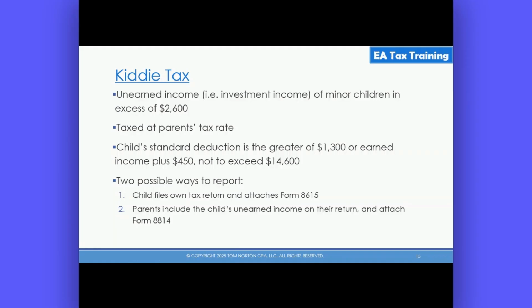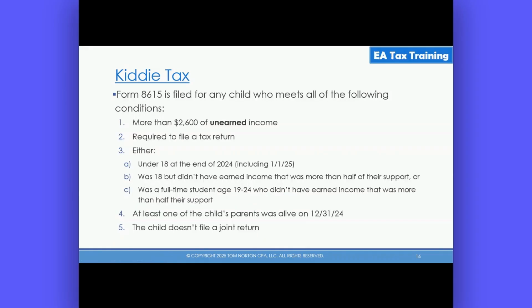So let's look at the requirements for both of these 2 possible scenarios. First, if the child is going to file their own tax return, then they will file that return and attach this Form 8615. The children who need to do this are those who meet all of the following conditions.